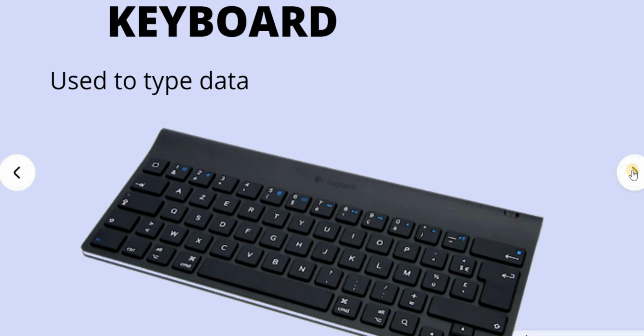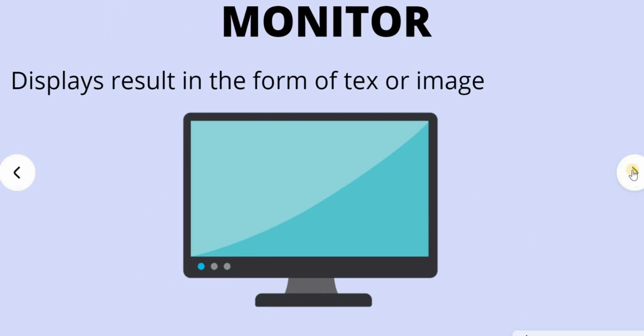Next hardware device is monitor. It is the screen that displays results in the form of text or image. It is a television-like device but works as per instructions of CPU.